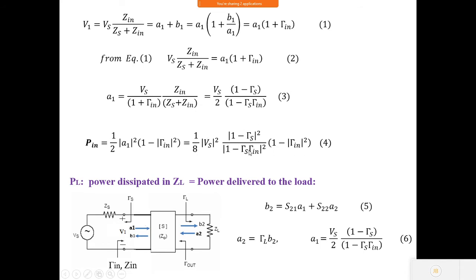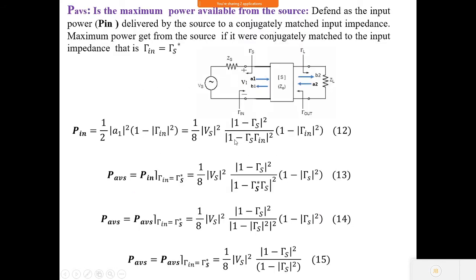The actual P_in equation has Γ_s and Γ_in in it. So what is P_AVS? P_AVS is P_in, but with Γ_in equal to the complex conjugate of Γ_s. So I have written P_AVS is equal to P_in with Γ_in equal to Γ_s conjugate.